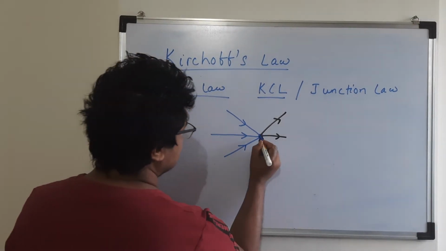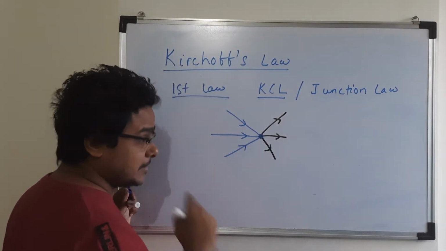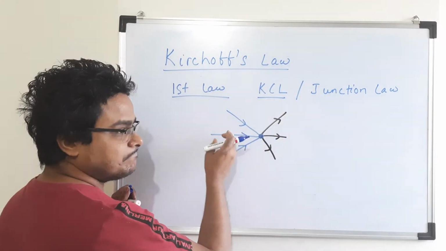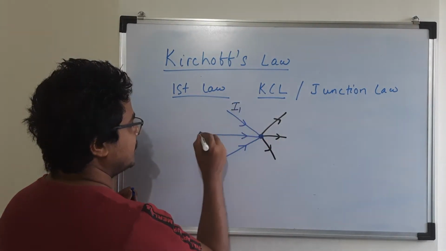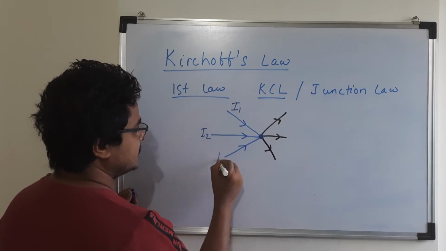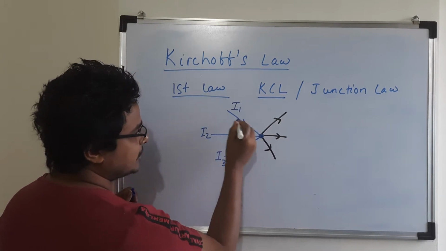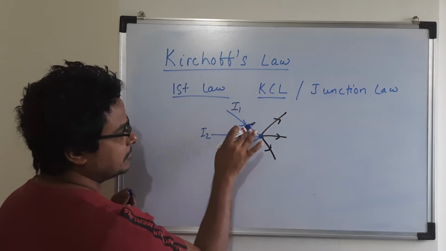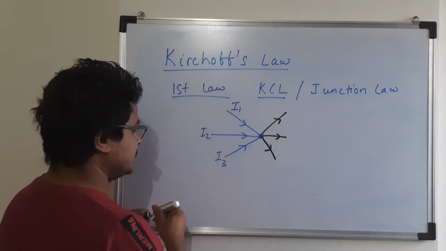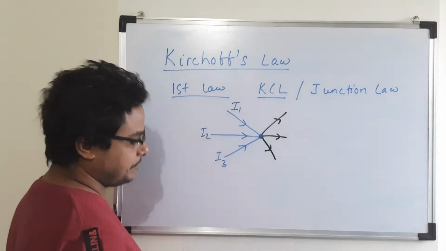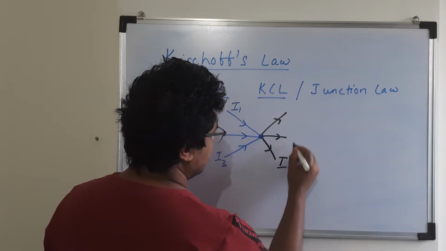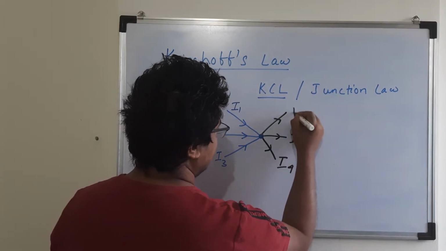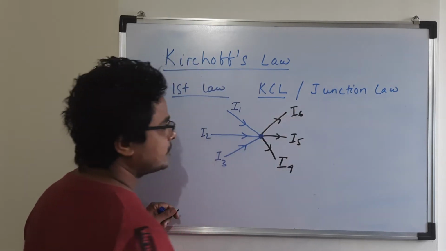Suppose this is the junction where all the wires are connected, and we say this is I1, this is I2, this is I3. These are the incoming current components, and the black ones are going out of the junction. Similarly we can name them I4, I5 and I6.